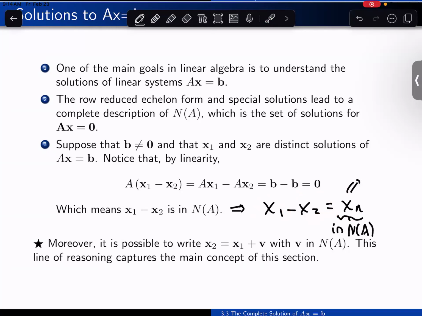So from here, we can write x1 is equal to x2 plus some vector inside of the null space.